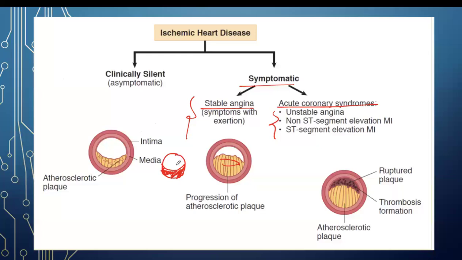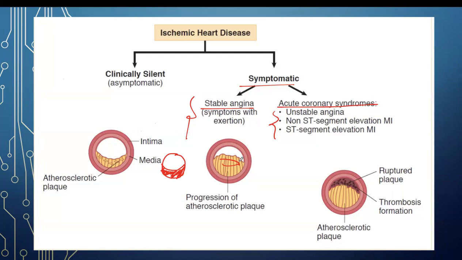But what happens is that whenever they do some exertional activity like walking, running, maybe playing, during that time they require more oxygen, but their artery is blocked, so the body cannot supply enough oxygen, and they start to get the chest pain.